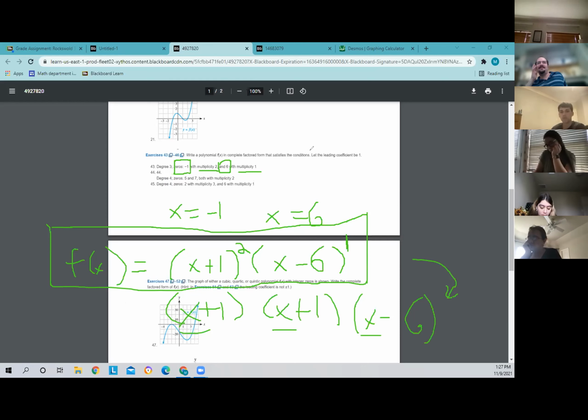Any other questions on this one? So if they give you the zeros and they give you the multiplicity of the zeros, I'm hoping you're able to take those things, put them together, and give me a polynomial function in factored form. If we expand this, it's going to give me a cubic polynomial.